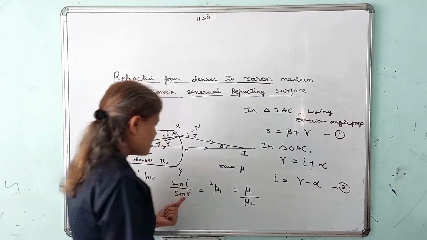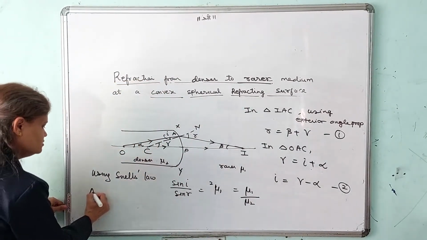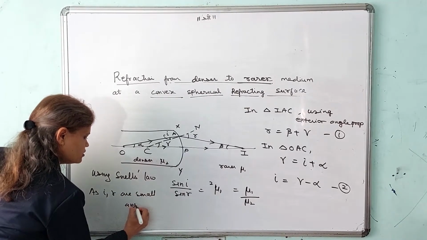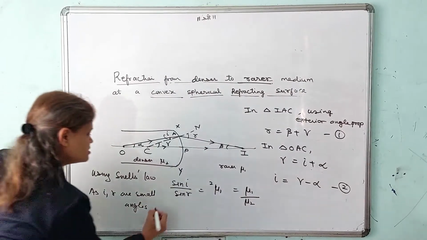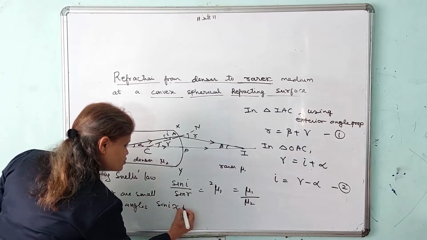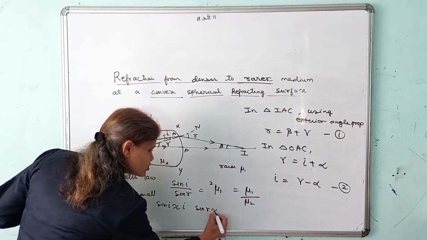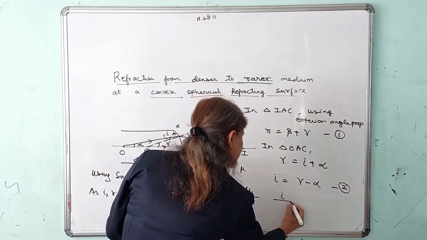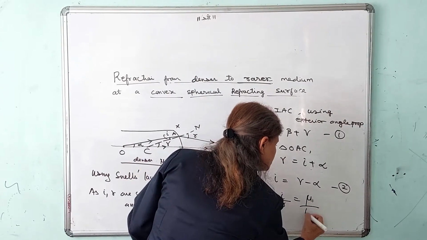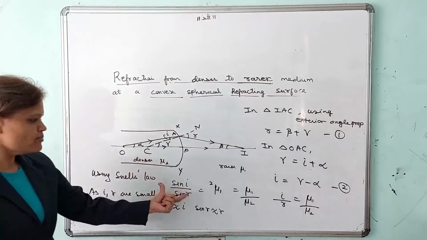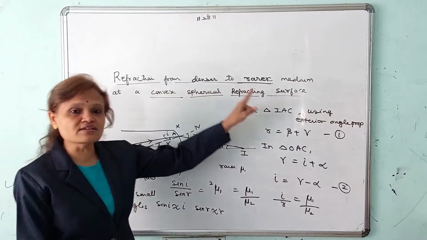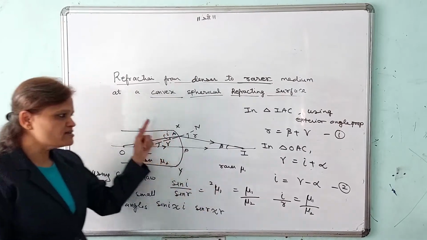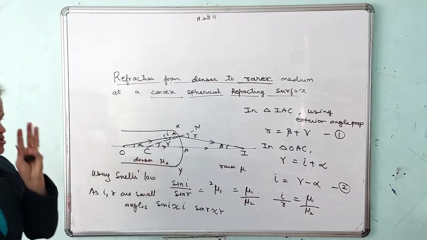Then as i and r are very small angles, we can approximate sin i to be equal to i and sin r approximately equal to r. So we have the formula i by r equals mu1 by mu2. This is a very main point in this derivation, denser to rarer. If you make a mistake here writing mu 2 1, your entire derivation will go wrong and you will get a wrong formula.